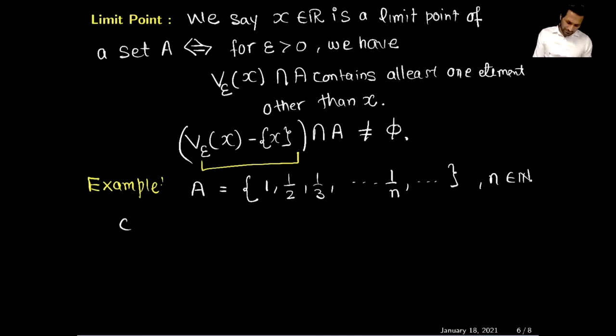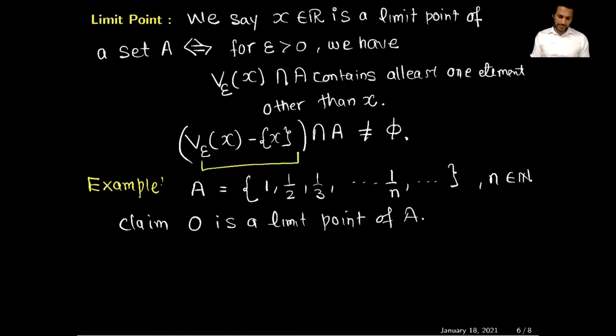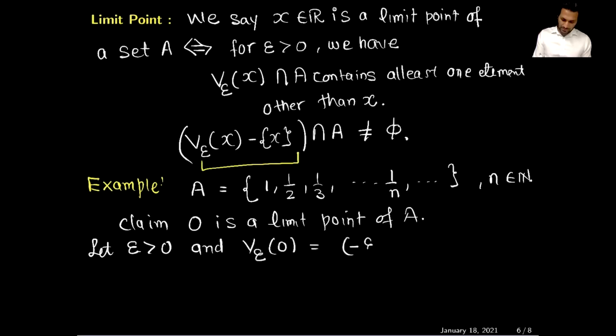I will claim 0 is a limit point of A. To prove this claim, first I pick an arbitrary epsilon strictly positive, and create an epsilon neighborhood of this point, which is simply minus epsilon and plus epsilon.